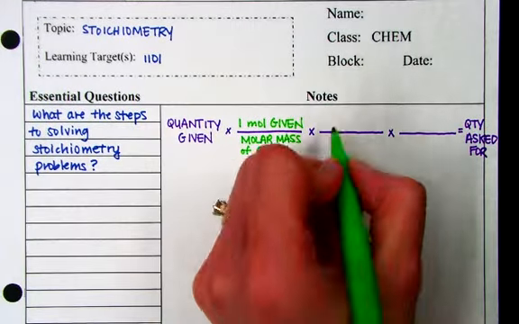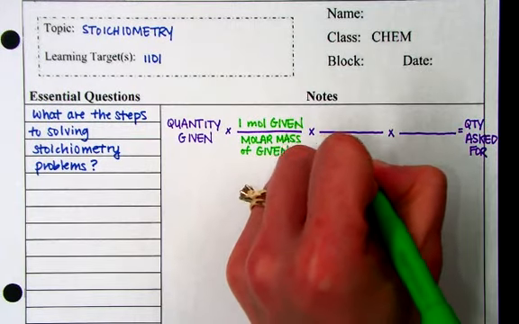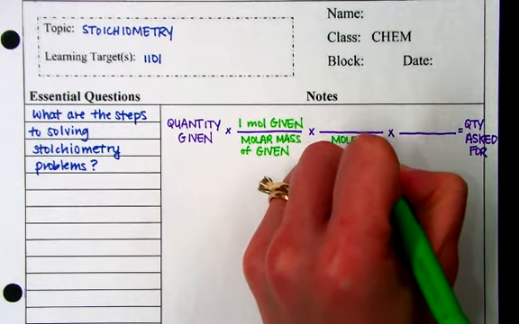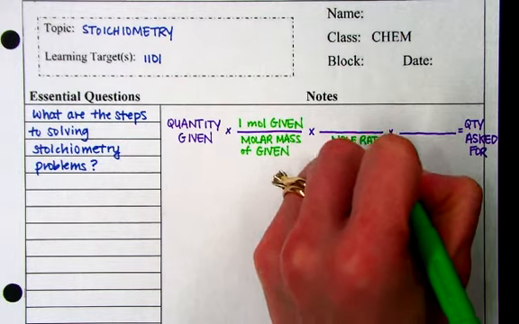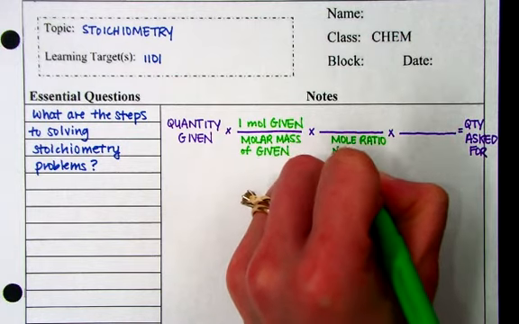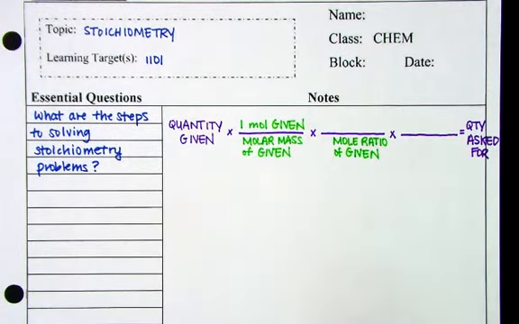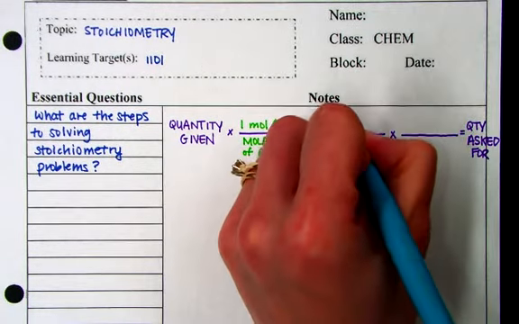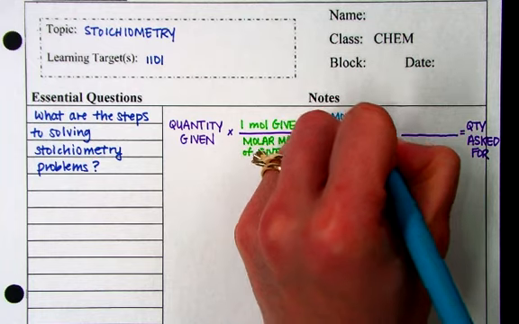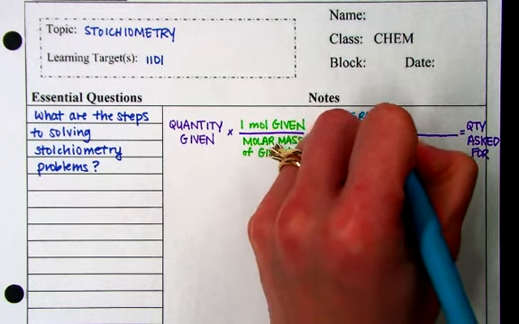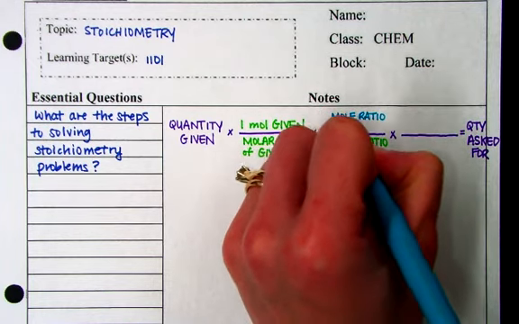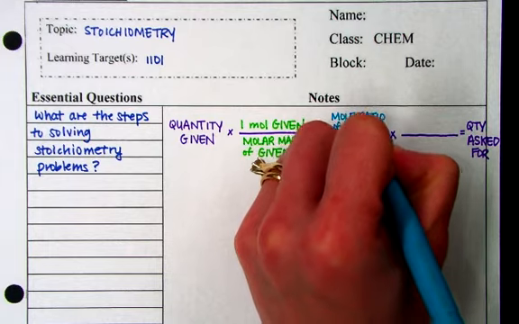Then we have to find the mole ratio of the given and also the mole ratio of the asked for.